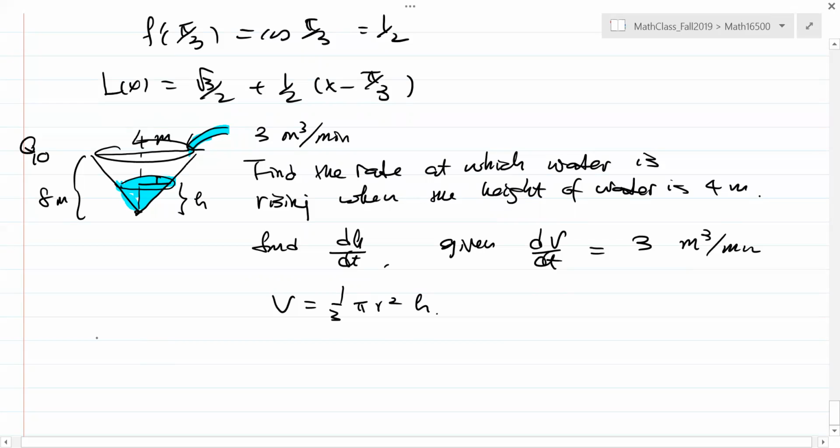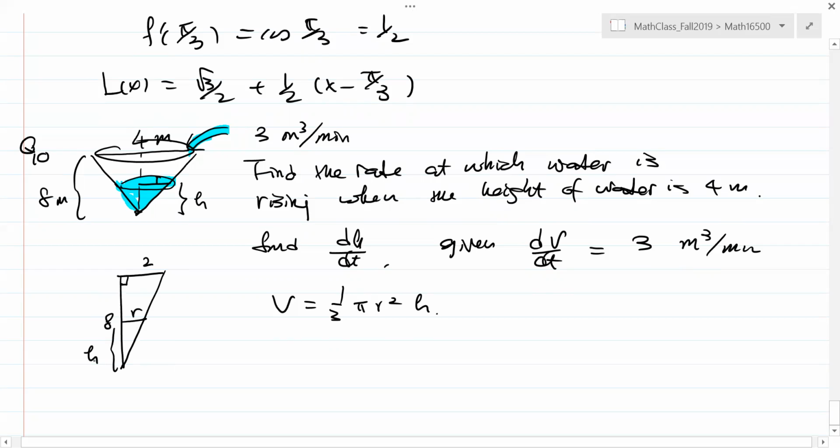If you look at the picture here as a cross section, the radius is 2 and the height is 8. If this is r, then that is h.